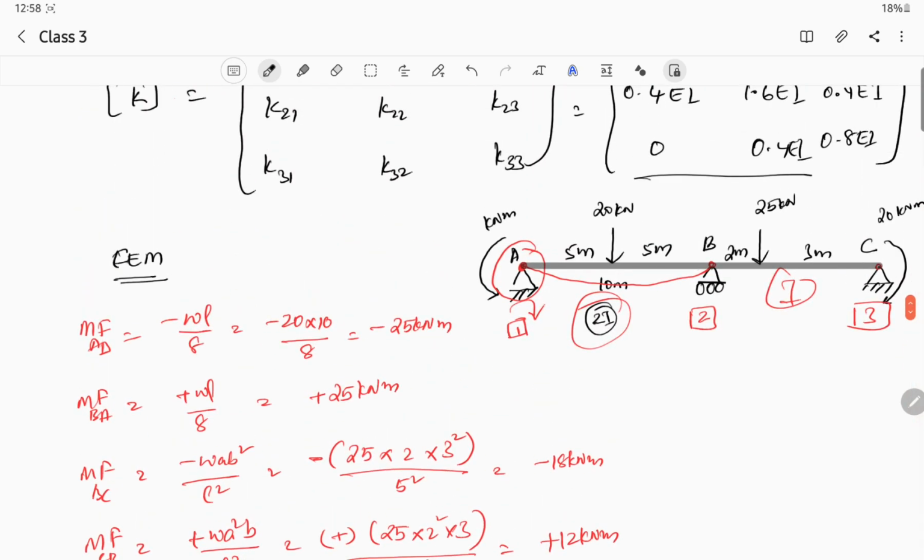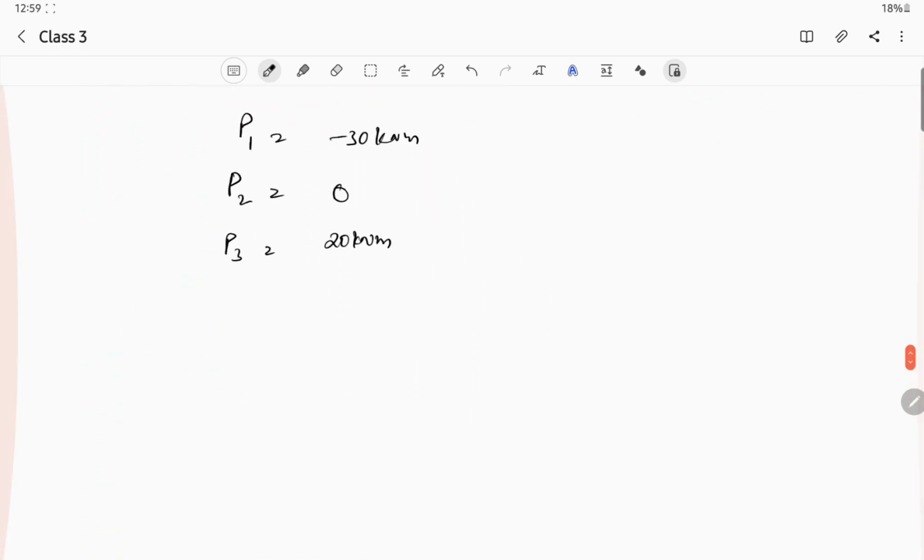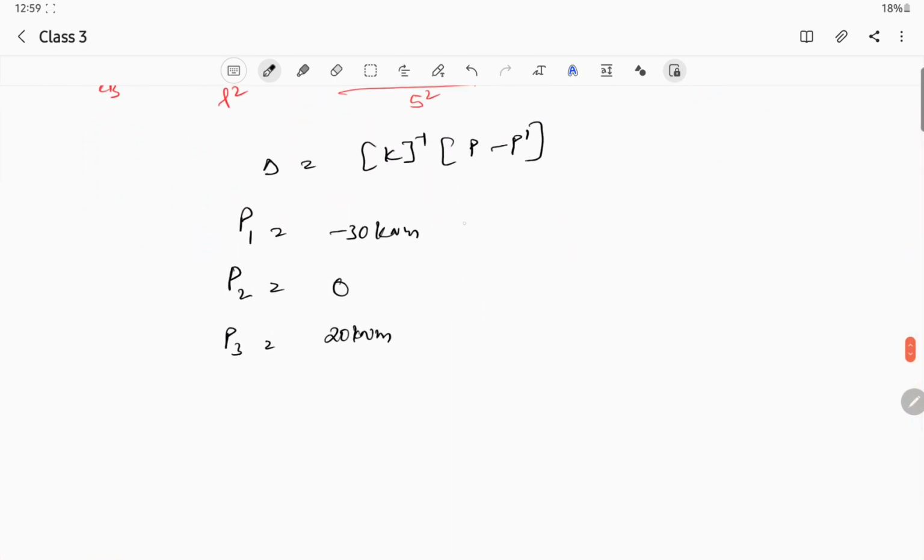How did we get this? This is P1, at this location it is P2 and at this location it is P3. P1 we got as 30 kilonewton meter. Why are we taking minus? Because it is going in anti-clockwise direction. So P1, P2 is over. Then we have P1 dash, P2 dash, then P3 dash.